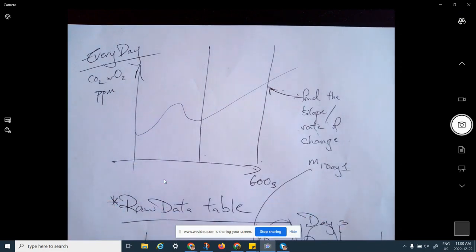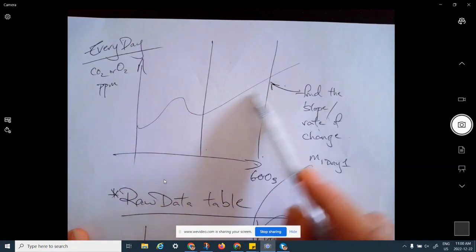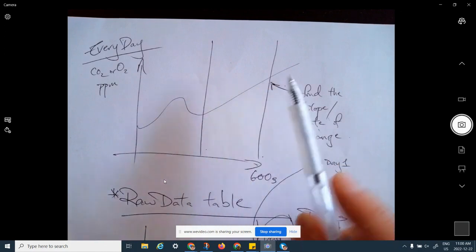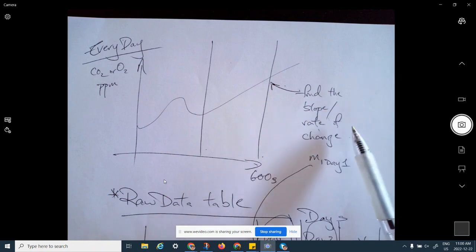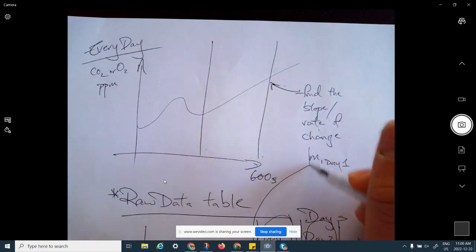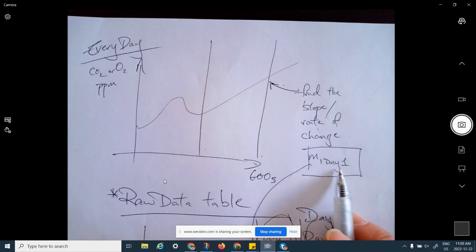And every day you should have about 4 graphs, okay? And you run it for 600 seconds. And I did ask you guys to find the section that is the flattest or the most linear, find the slope and rate of change. That will be your M1 of day 1. Okay?